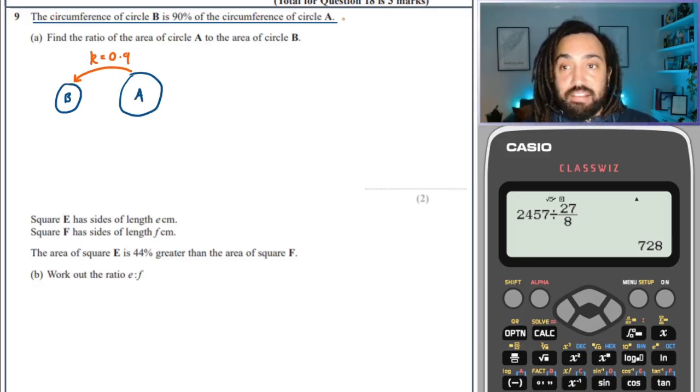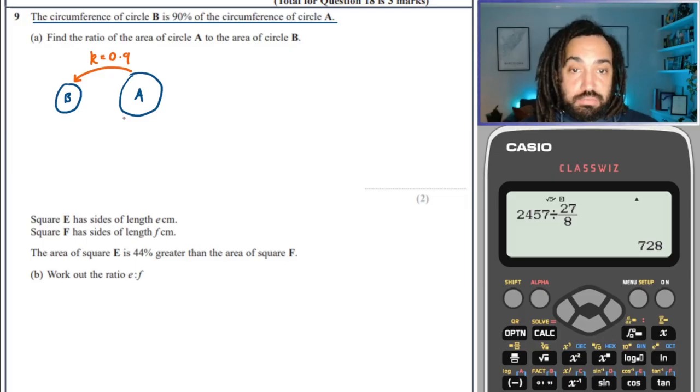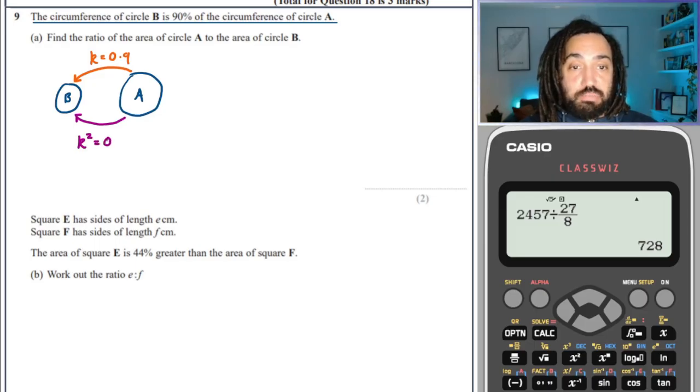Now we're looking at the area scale factor. Well, we know that they're linked by squaring for area, so squaring 0.9 gives us 0.81.